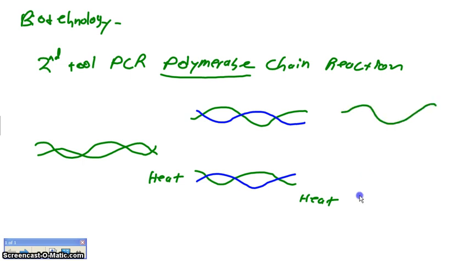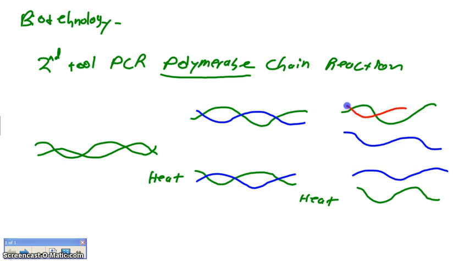So then we'll have that strand, and we'll have that strand, and then we'll have that strand and that strand, and then it'll let DNA polymerase come through and add nucleotides like that, A's and T's, C's and G's, just like that. So now we started with one double helix, and now we have 4 double helices.